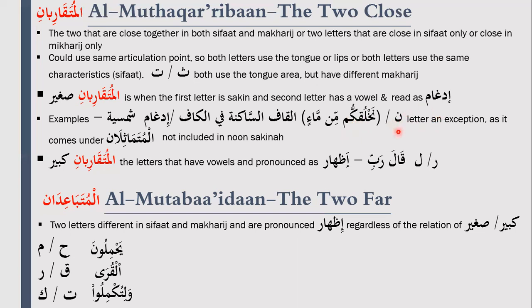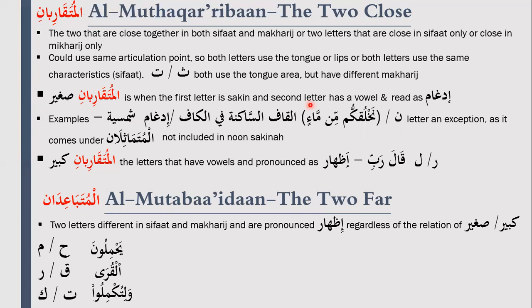There is an exception with the letter nun because it comes under al-muthamathilan, which means the exact same recurring letter. Here, the lam sakina with the kaf, we are merging completely, so we're making it one. It's also called idgham shamsiyah, the sun merging, which is one of the names you can give because of the merging, with a shadda on it.